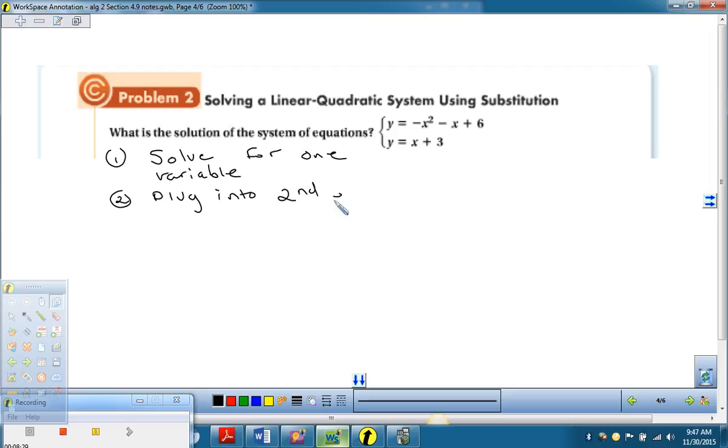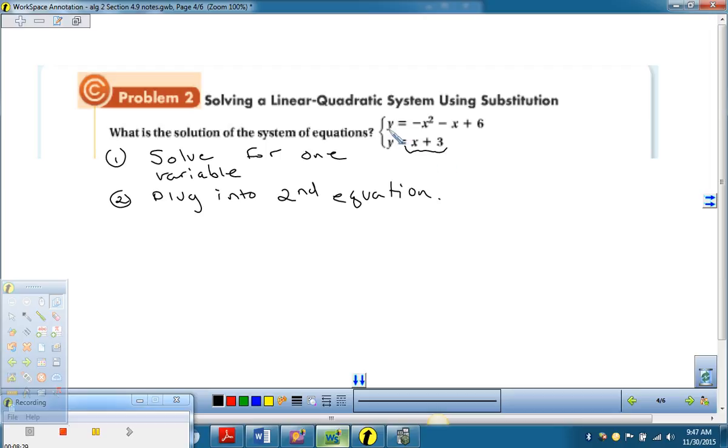Well, they have made it very easy for us in this problem. What is the solution to the system of equations? They have y equals x plus 3 and y equals negative x squared minus x plus 6. They've already solved for one variable. So all we need to do is plug in x plus 3 for what?